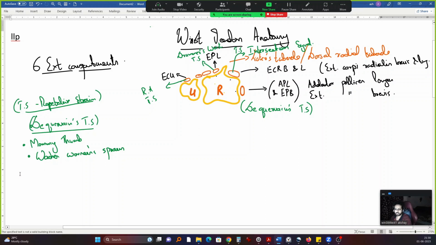One test normally done to identify the pain associated with De Quervain's tenosynovitis is Finkelstein's test.